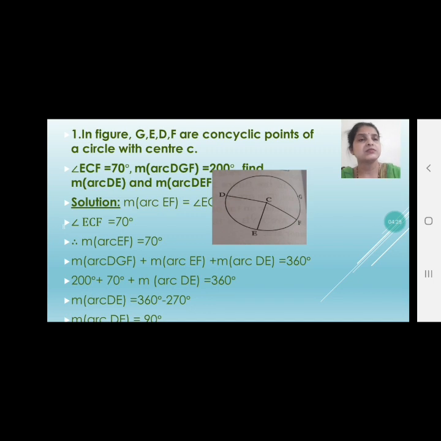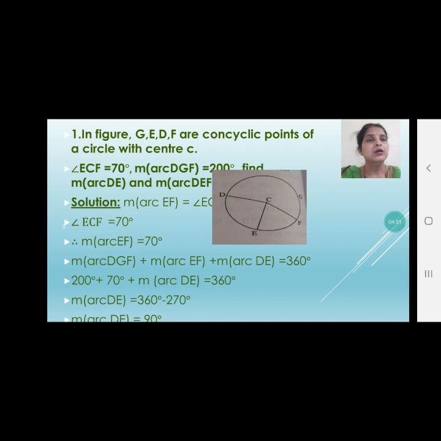For this we start the solution. Angle ECF is equal to measure arc EF, okay. That is by the definition of central angle, right? So measure angle ECF is 70 degree, therefore measure arc EF is equal to 70 degree, okay.